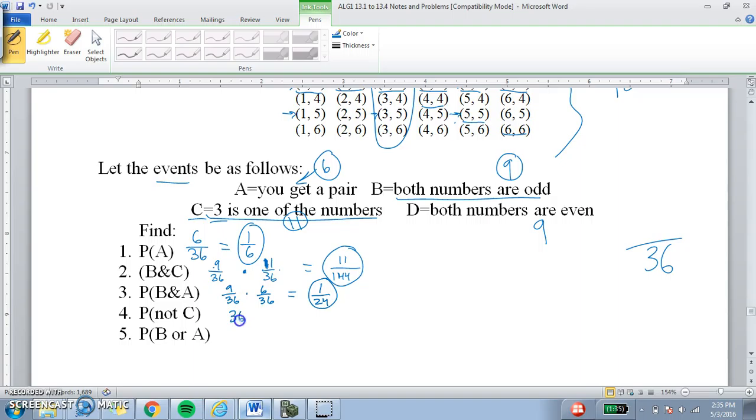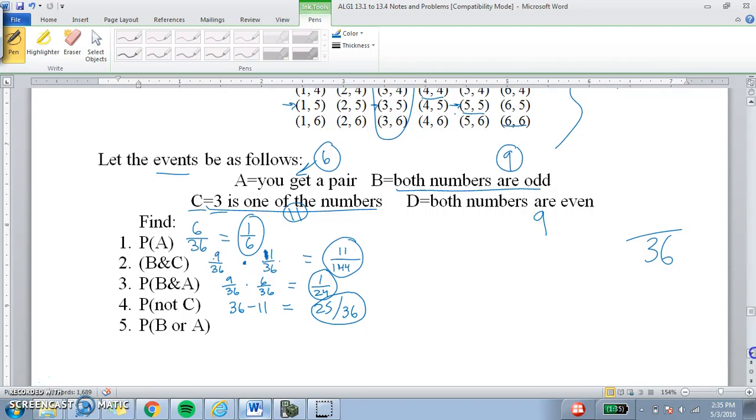So if I take 36 minus those 11 options, I get 25 options. So there's 25 ways for C to not happen, since there's 11 ways that C can happen, and there's 36 total options. So the probability of C not happening would be those 25 ways that it doesn't happen out of the 36 total possibilities.